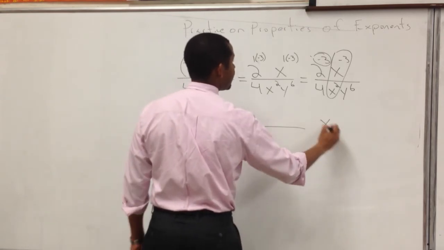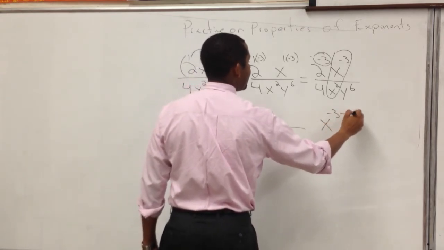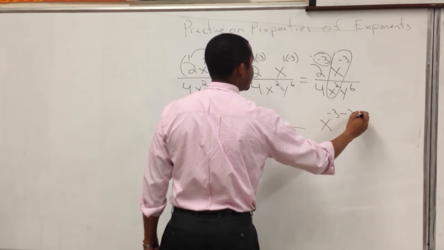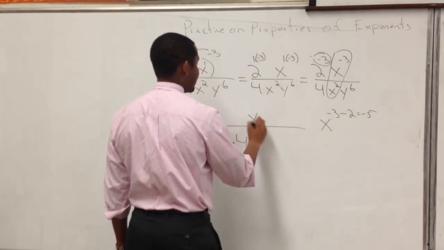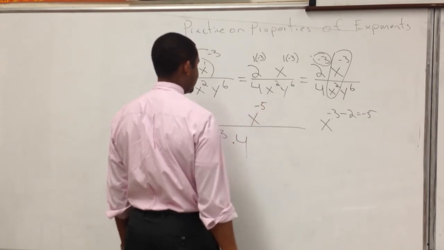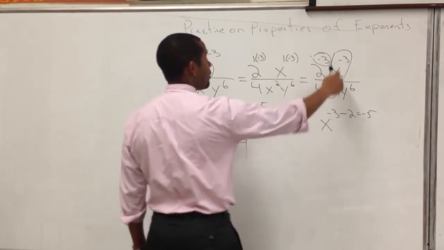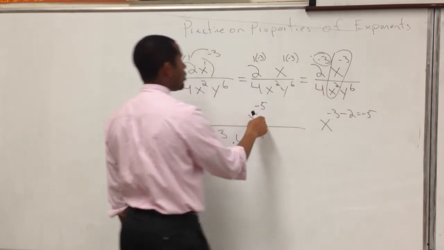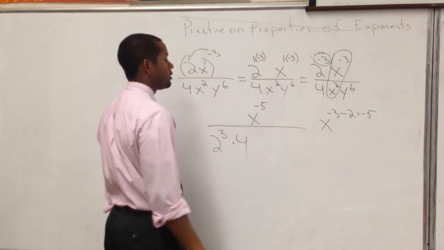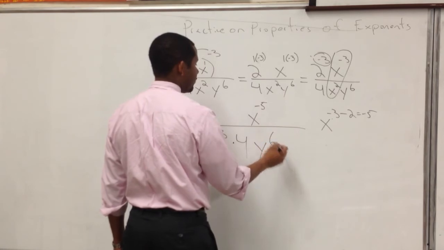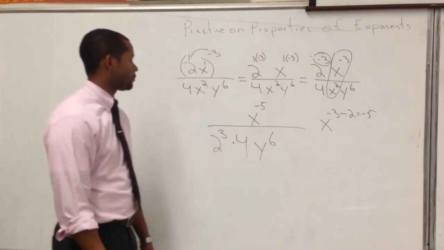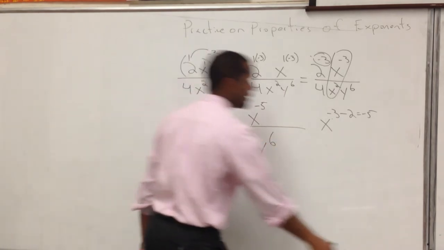X's I know how to deal with. This is x to the negative 3 minus 2, which equals negative 5. So up here is an x to the negative 5. Okay? Remember, when you're doing the subtraction, it's always above the fraction bar. And down here, I'm still left with a y to the 6th. So I get to this spot.